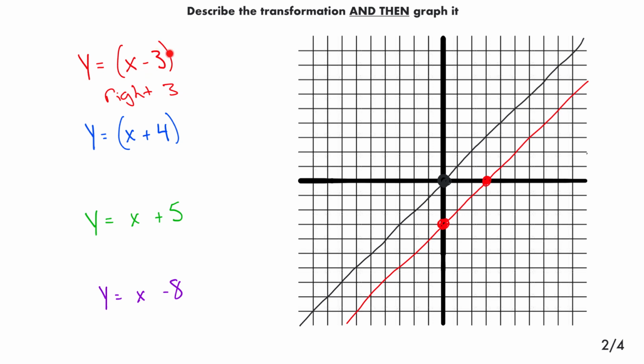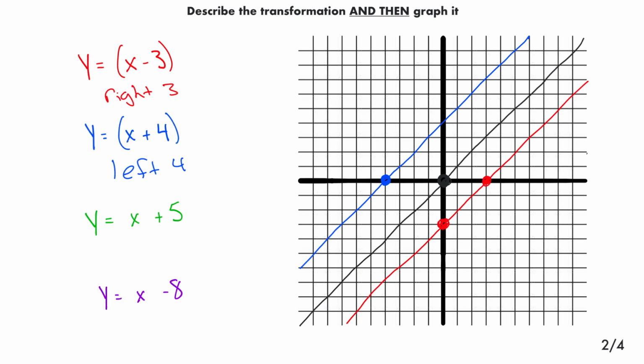Well, if the minus 3 moved me right 3, it makes sense that the plus 4 would move me left 1, 2, 3, 4. And then it would follow the same trend. So plus 4 in the parentheses makes me move left 4 units.